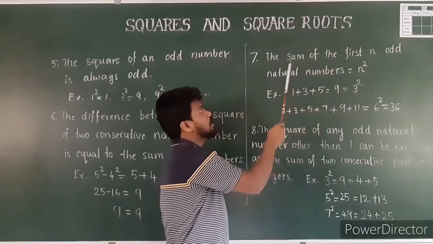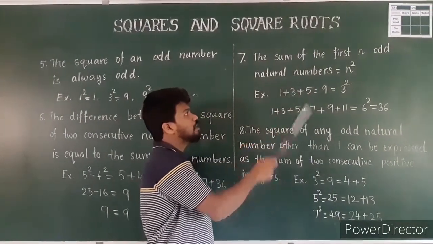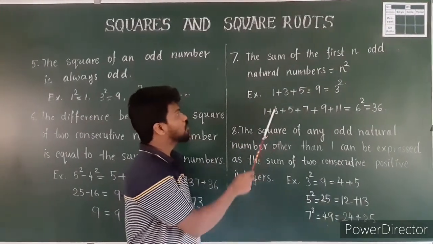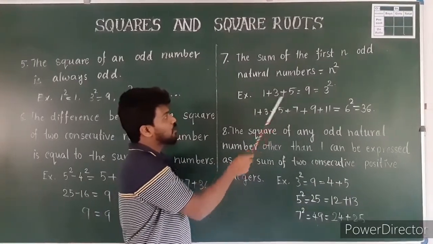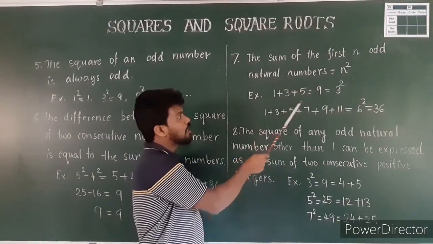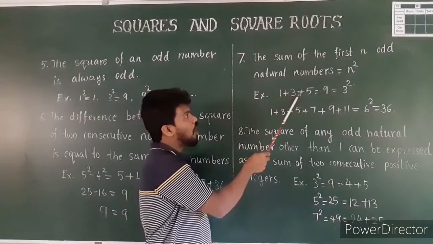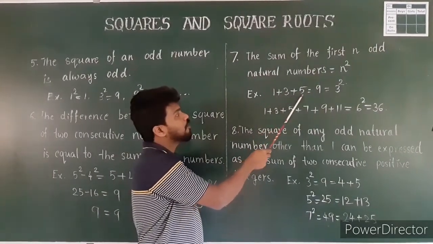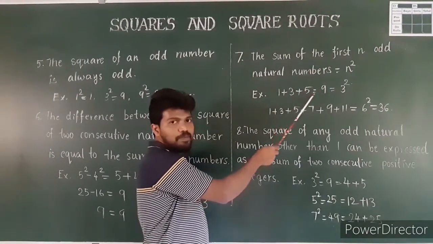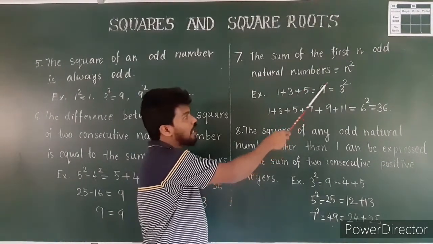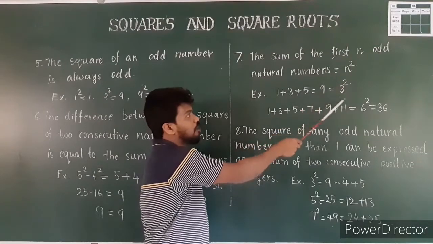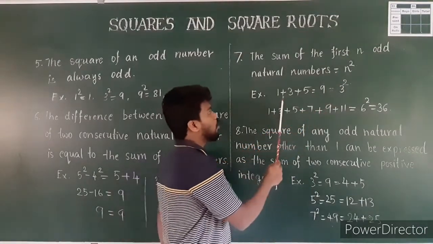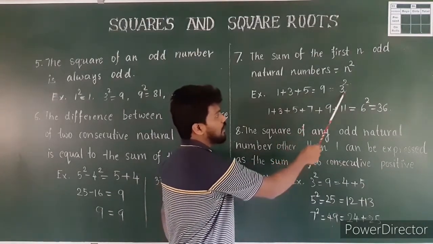Okay, next, seventh property: the sum of the first n odd natural numbers is equal to n square. We take an example: 1, 3, 5. You see that all are odd numbers. 1 plus 3 is 4, 4 plus 5 is 9. So 9 is equal to 3 square, that means 1, 2, 3, 3 square.